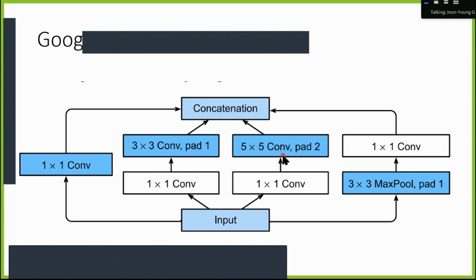Another scale would be 5 by 5, and then later they concatenate the outputs. Here concatenation is done depthwise, stacking by depth, which they pass to the next layer.